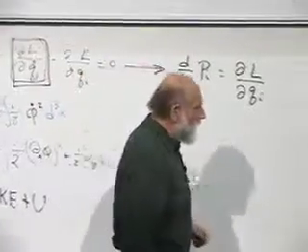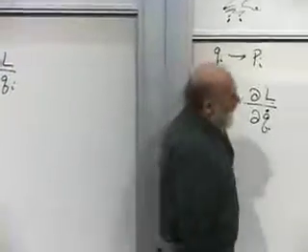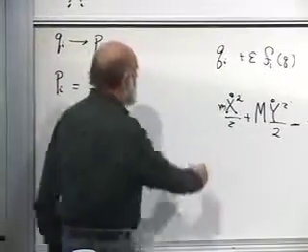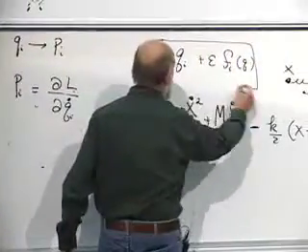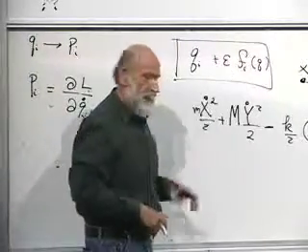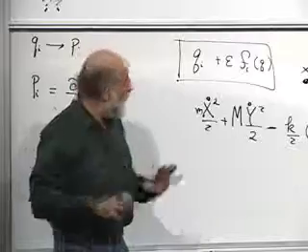Okay, let's prove a theorem. Let's prove a theorem that if there is a symmetry, in other words, if when you take each q and shift it by an amount epsilon times f sub i, the Lagrangian doesn't change.